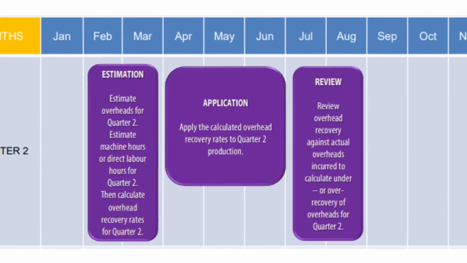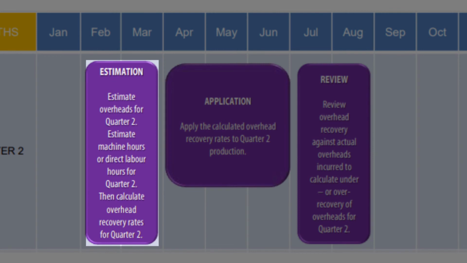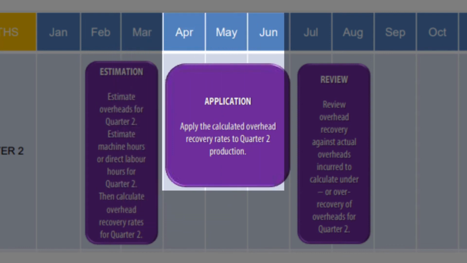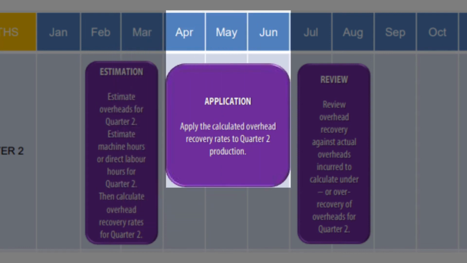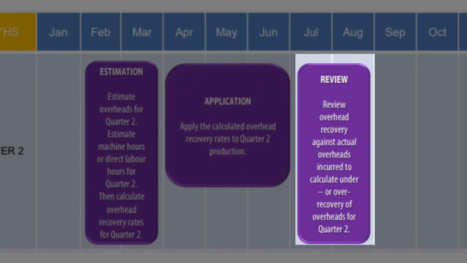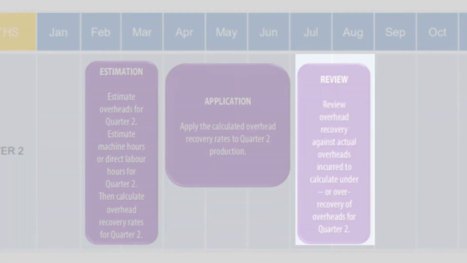Overhead recovery rates will need to be estimated and calculated before the relevant production period, and then applied during the production period. At the end of the production period, the actual overheads will be looked at and compared with what had been budgeted. Total absorption costing works best where the factory is organised into distinct departments or has distinct cost centres.